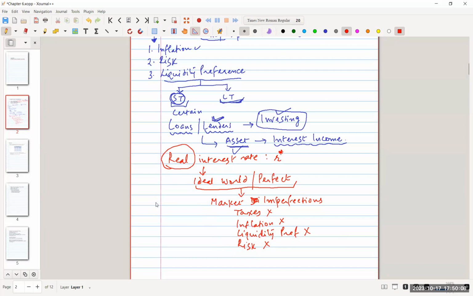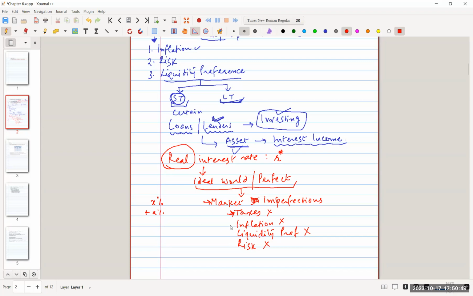So if the real interest rate is, let's say, X%, and then you start to bring in the market imperfections one by one, then you say, okay, because there are taxes, even if you give me 6%, I'm not able to carry 6% home because 25% of 6% is taken away by the tax man, but I'm insisting that I need to carry 6% as my take-home income. Which will mean that they will ask you for compensation. So some A% will be added to compensate for this tax part that has come in. So now you have deviated from the real interest rate. The actual rate has become X plus A%.